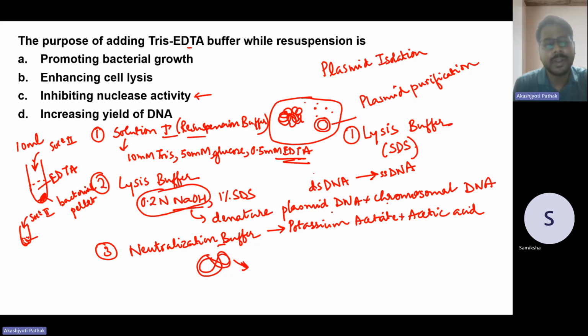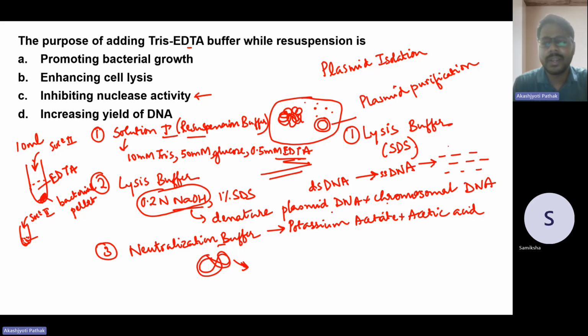But if you do not inhibit the nuclease activity, then what will happen? After you get this single-stranded DNA, it will be converted into short DNA fragments. It will get chopped off, and then your entire plasmid will get degraded.